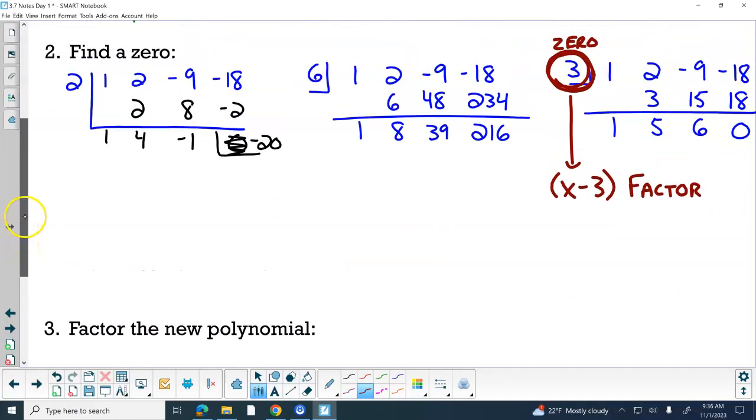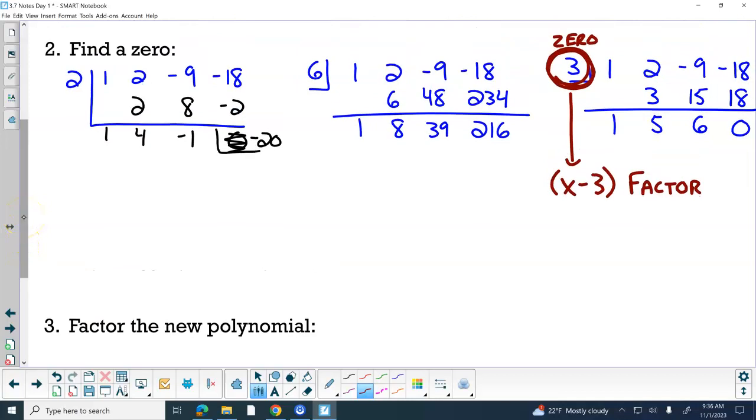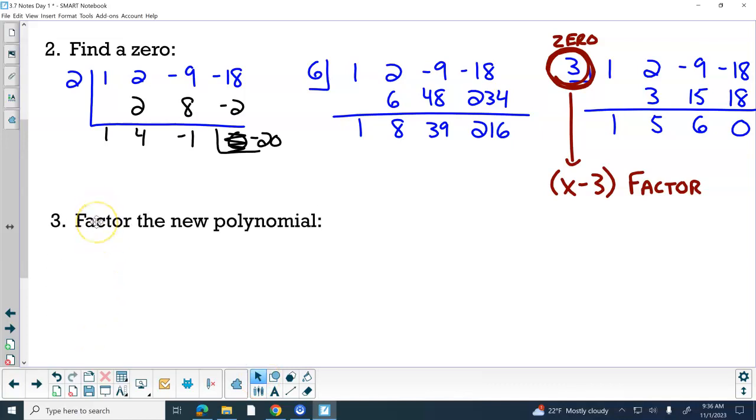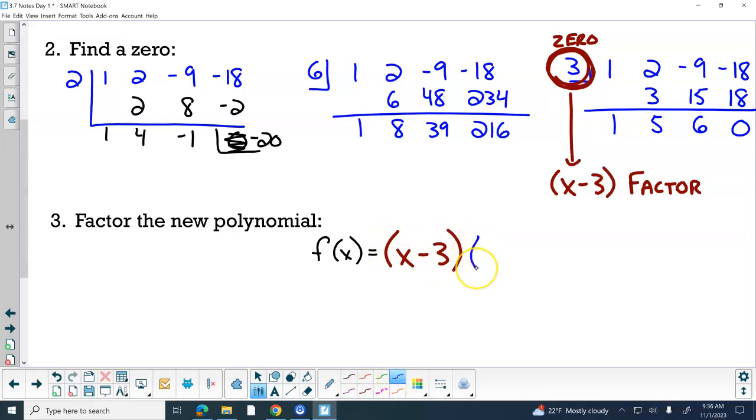Our next step is that we are going to want to factor the new polynomial. Now our new polynomial is f of x equals x minus 3, our first factor that we found, times what's left over, right here: x squared plus 5x plus 6.